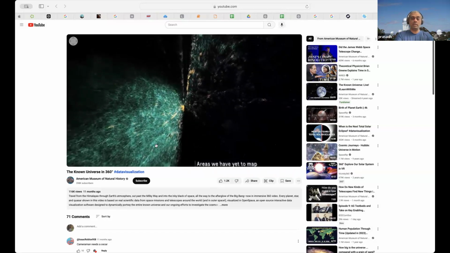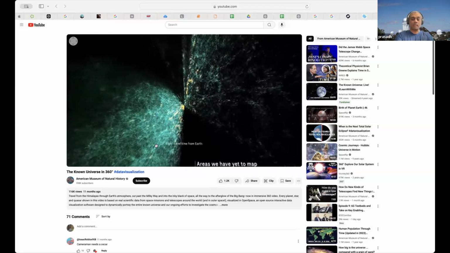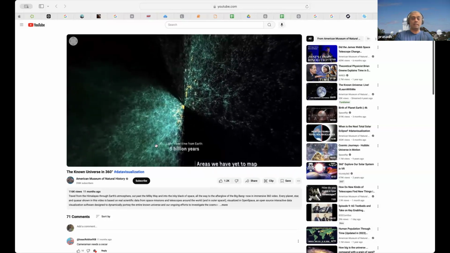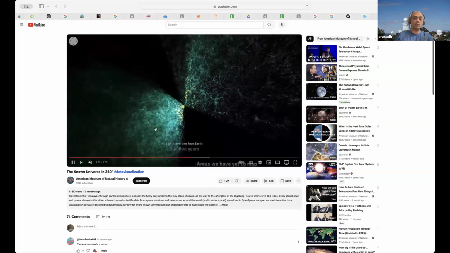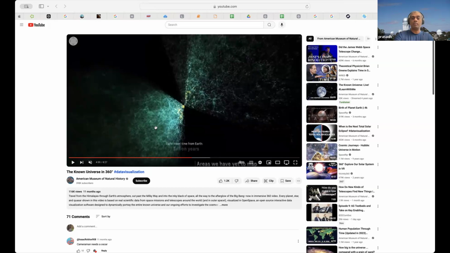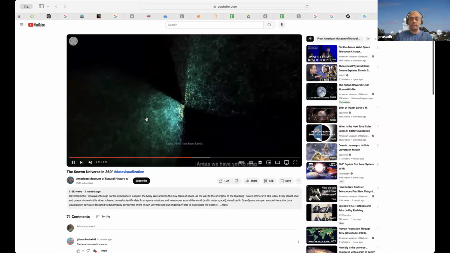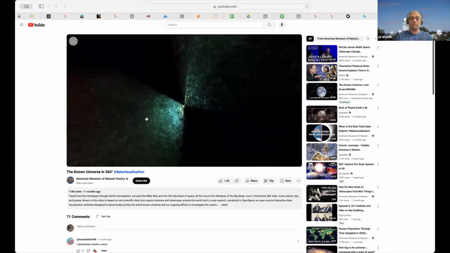Now this is the mapped universe, and the empty regions that you have here are actually the things that we still need to map, right? So this is roughly the scale of billions of years distance, right?